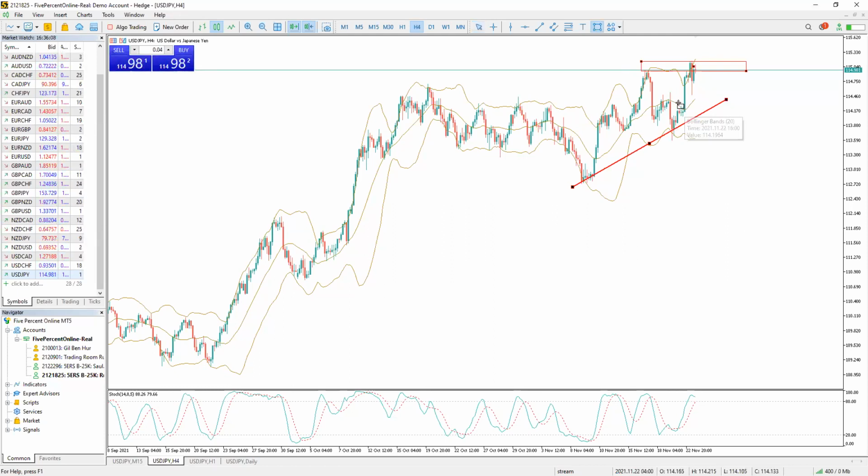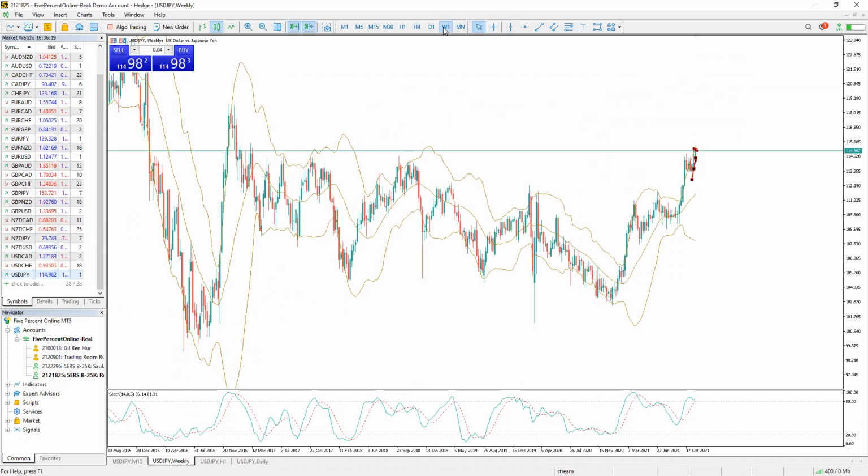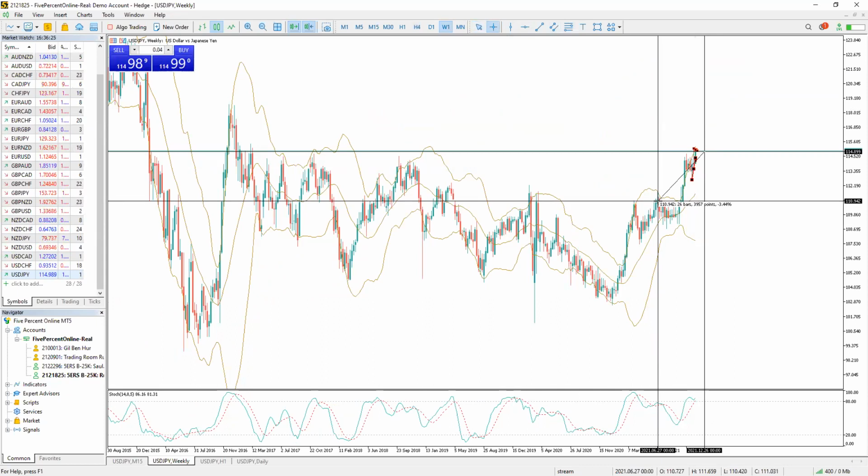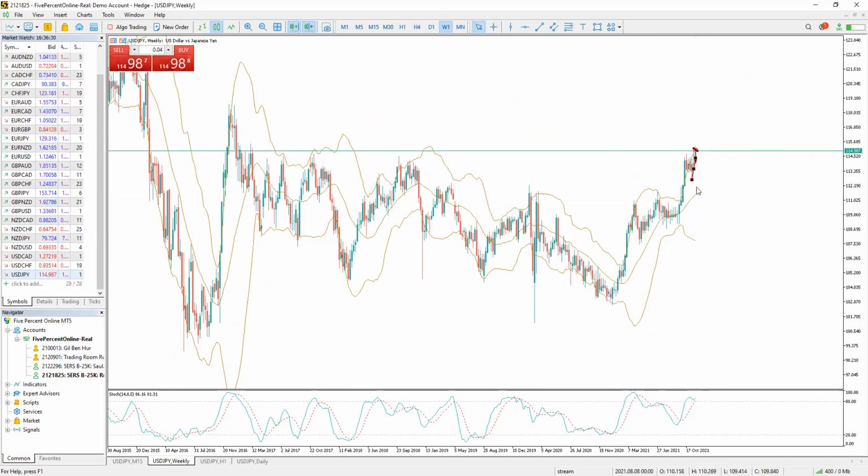There is a demand here that can be very interesting to open a buy at that zone. This would be the first point. The second point is to see how the market behaves at the trend line. If the market breaks the trend line, there is a high chance to go back again to that kind of level. We see that there is consolidation, and there is a high chance to go again, let's say, 400 pips below.